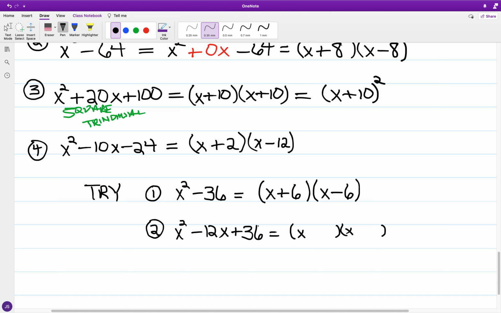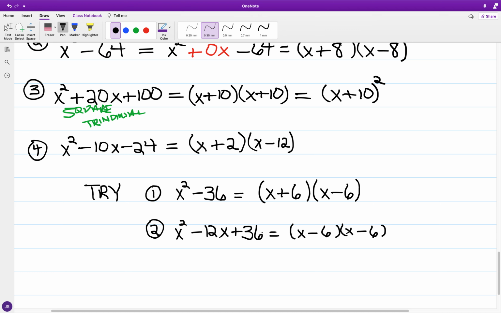And for factors of 36, the way that two numbers can multiply into a positive product is for either both numbers to be positive or both numbers to be negative. And since we're looking at where the product is positive 36, but where the sum is going to be negative 12, we're going to have both factors be negative. Okay, and so in this case, that times itself gives you 36. This will be minus 6 and minus 6.